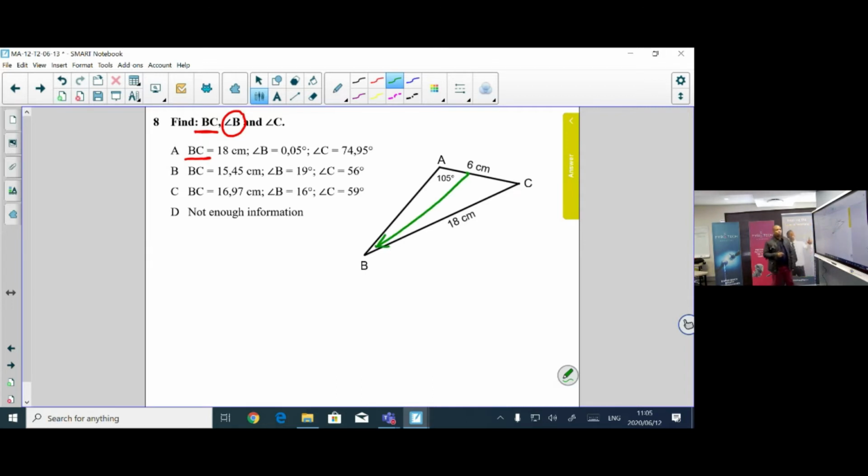There's a relationship between the opposite side and that angle. And then you look for any other pair of opposite angle and side that is given.